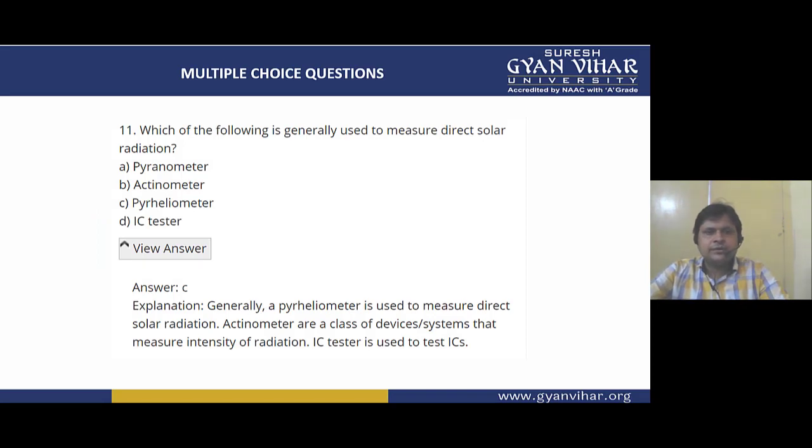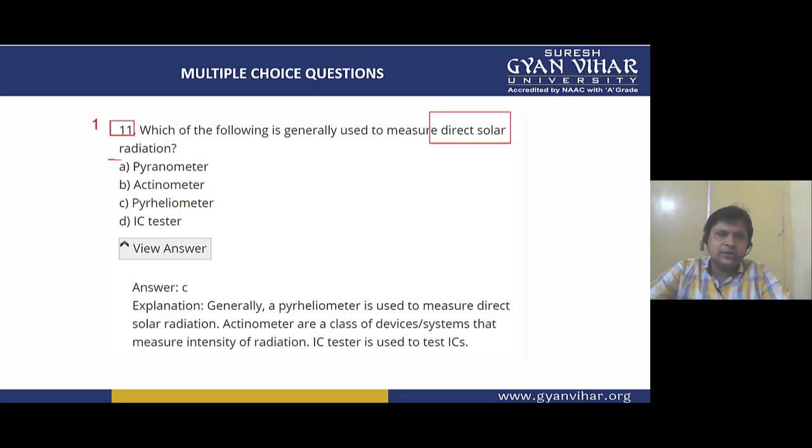Now, students, let's discuss some multiple choice questions based on today's discussion. Starting with question number 1. Let's read the first question and see what is being asked. The question is asking: which of the following is generally used to measure direct solar radiation?